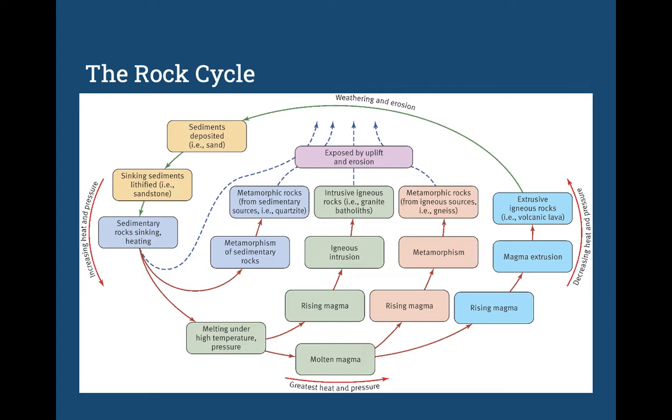So if it's igneous today, later on it could become a sedimentary rock. And then later on, that sedimentary rock could become a metamorphic rock. And then that metamorphic rock could melt down and cool and become an igneous rock again. And so on. So it's simply saying rocks that exist today are not always going to be like they are. They can turn into this other type of rock.